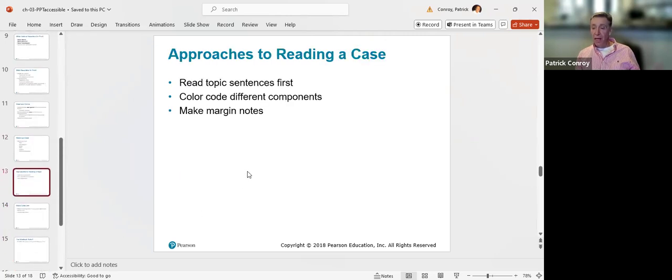Now, this is a suggestion from the textbook. Read topic sentences first, and then color code different components and make margin notes. Well, don't be doing this in a book you don't own that's in a law library. They don't like that.